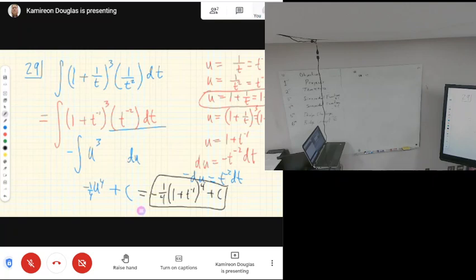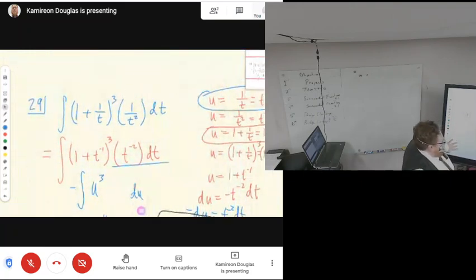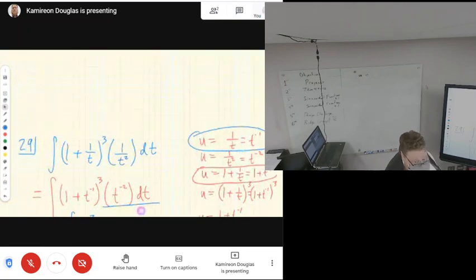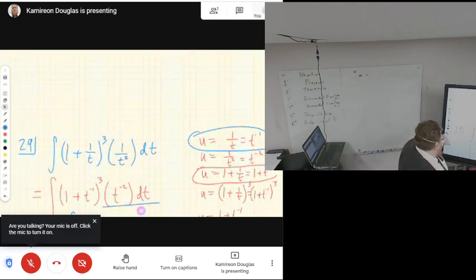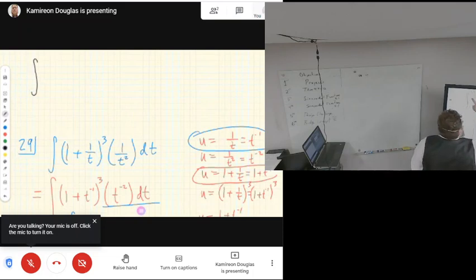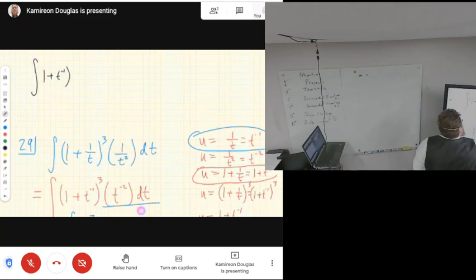If I did choose the wrong one and went here first instead, I will still get the solution, but it requires almost twice as much work. Take a look. If I make this my U, I'd have the integral of 1 plus t to the negative first cubed times t to the negative second dt.